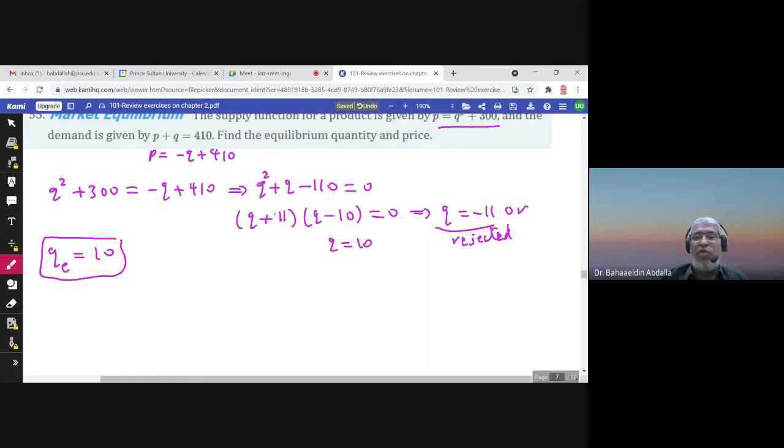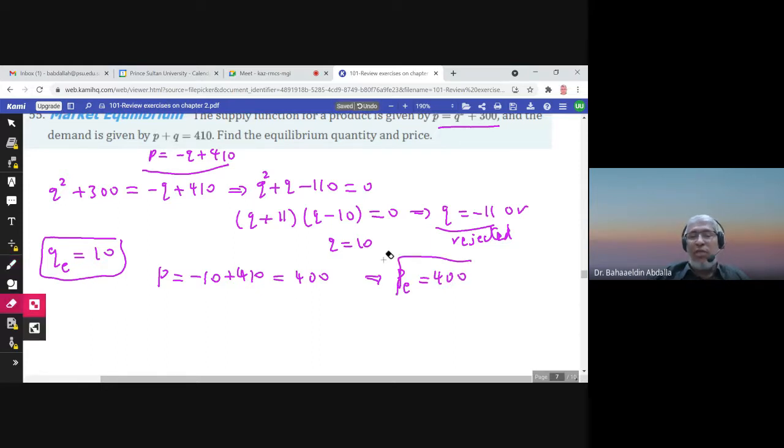How to find the equilibrium price? Well, I can use this equation, for example. So P would be negative Q, which is negative 10, plus 410. So the answer is 400. So the equilibrium price is 400. This is the intersection point between the demand function and the supply function.